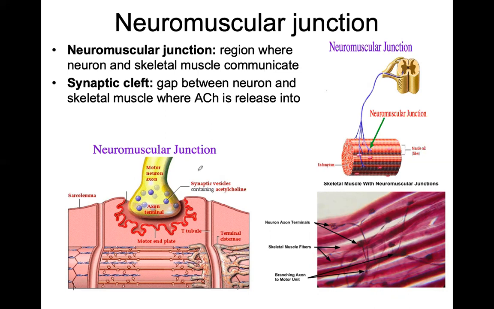This is similar to the synapse when two neurons communicate, but because it's neuron to muscle, we refer to it as the neuromuscular junction. The area between, where the neurotransmitter is released, is still referred to as the synaptic cleft, like in neuron communications. The only point here is that the only neurotransmitter involved in this process is ACh.